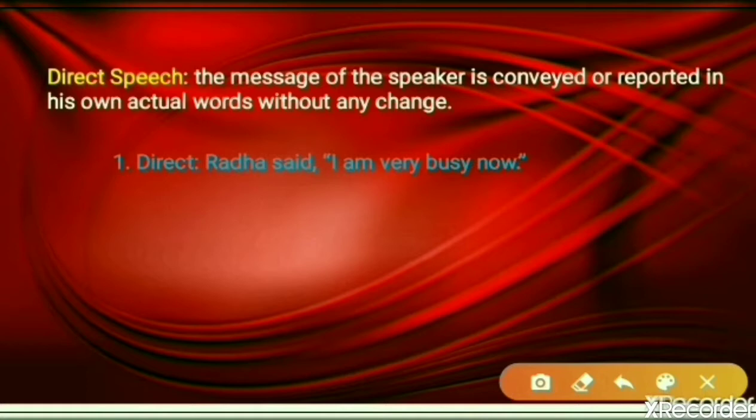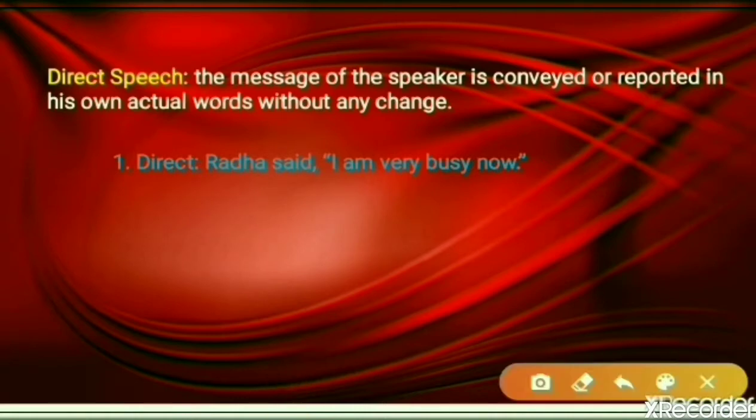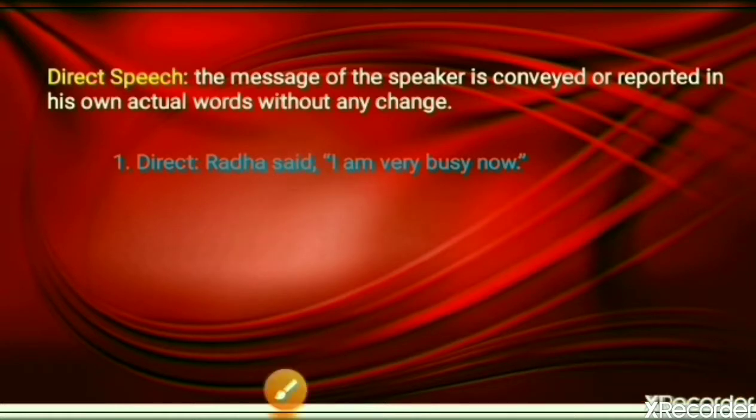The exact words of the speaker are enclosed in inverted commas or quotation marks. There is always a comma or a colon after said. You can see here the comma or colon after said, that introduces the spoken words.